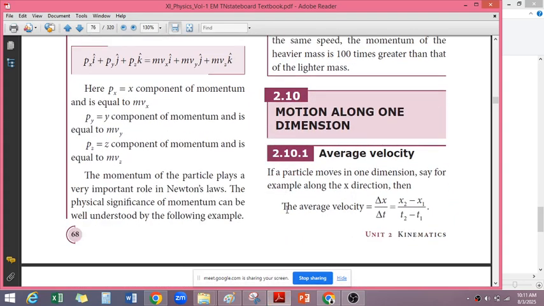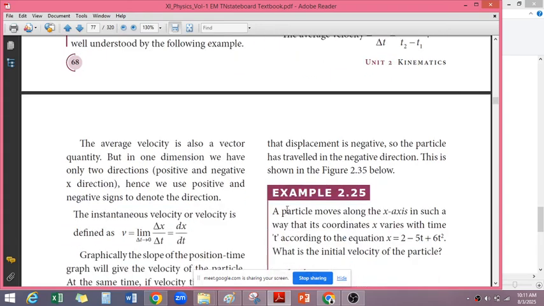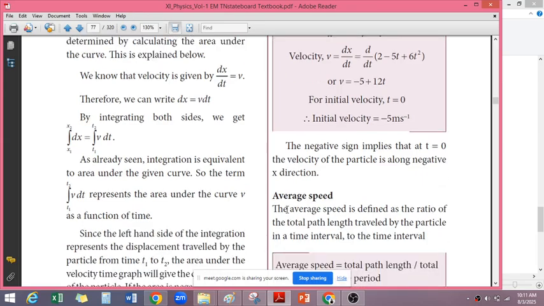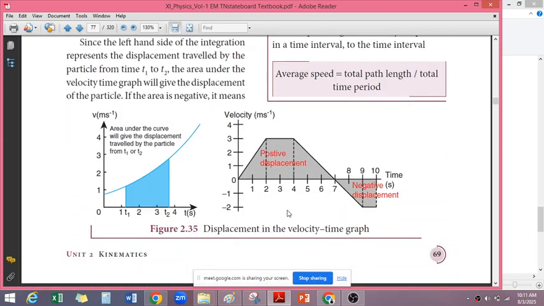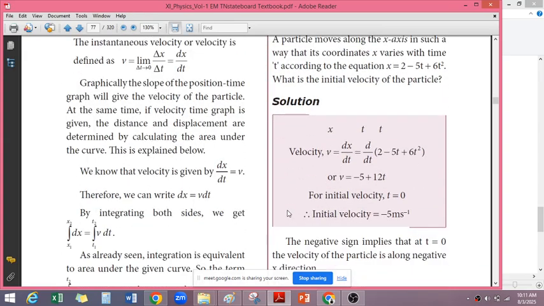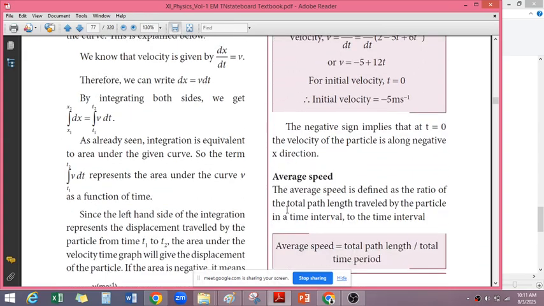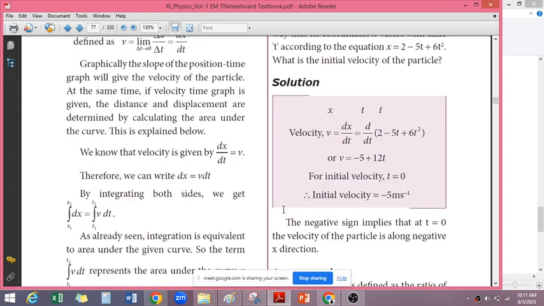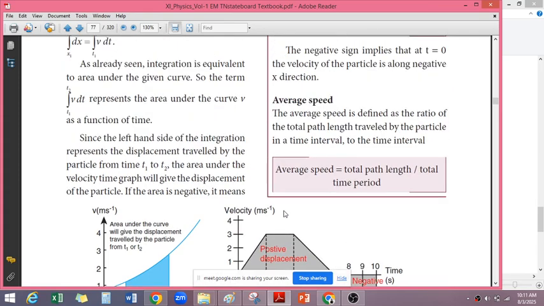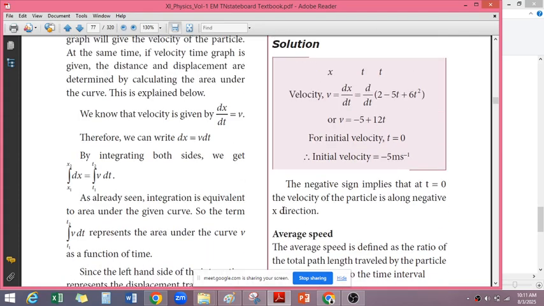Motion along one dimension, average velocity. Mostly it's all mathematics, so you don't have to worry too much. If you know the basic mathematics, you can do it. But maths, I don't know how much they have taught you the differentiation, integration.